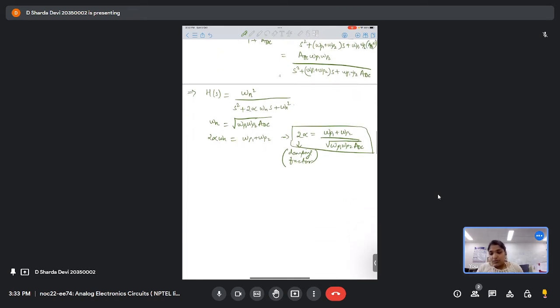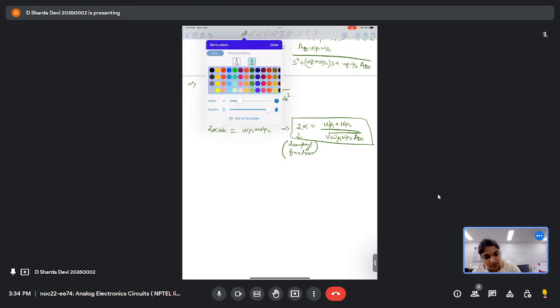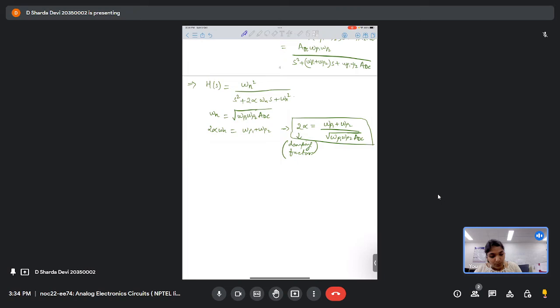Now there can be different types of situations, right? So case 1 is when omega P1 equals omega P2 equals omega P, that is, both poles at the same frequency.